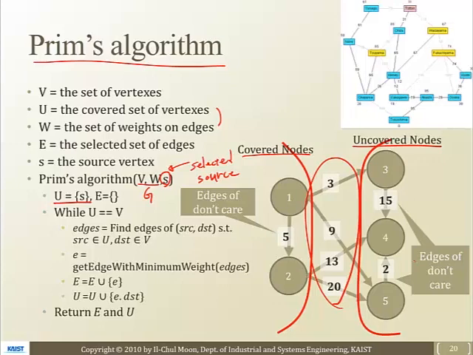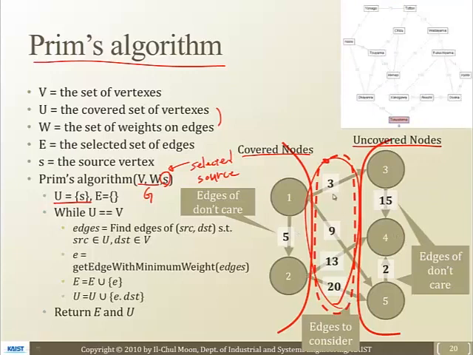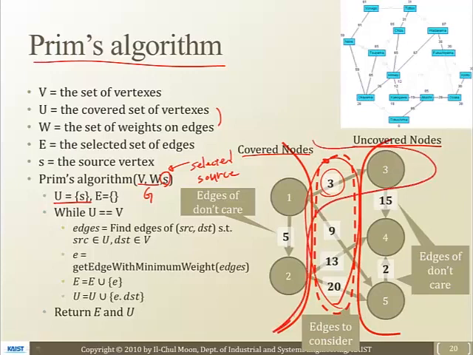What matters are the edges between the covered nodes and the uncovered nodes, and we want to find the minimum value among them, select that connected node, and put it inside the covered node set. After putting node 3 in the covered node set, the uncovered nodes will be 4 and 5, and the covered nodes will be 1, 2, 3.